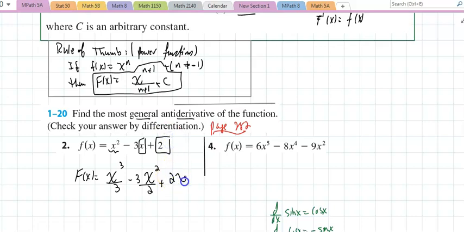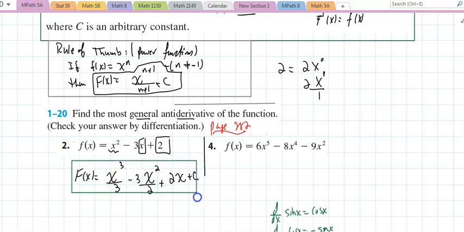Wouldn't that be 2x? Or you could think of 2 as the equivalent of 2x to the 0. And when you take an antiderivative, don't you add 1 to the power, divide by that? That works as well if you really want to apply that rule.